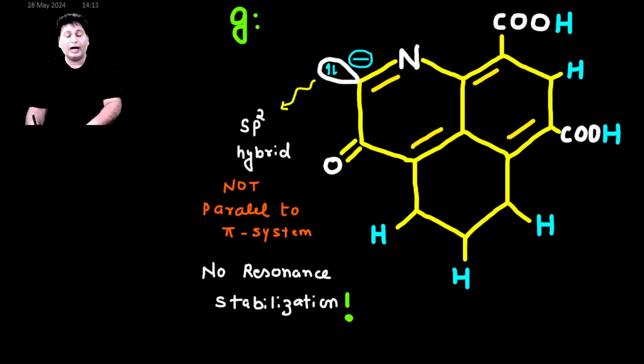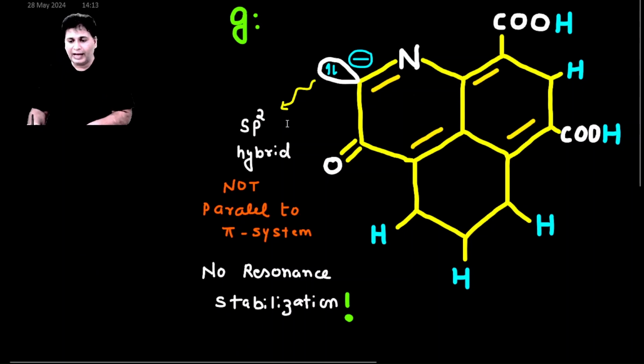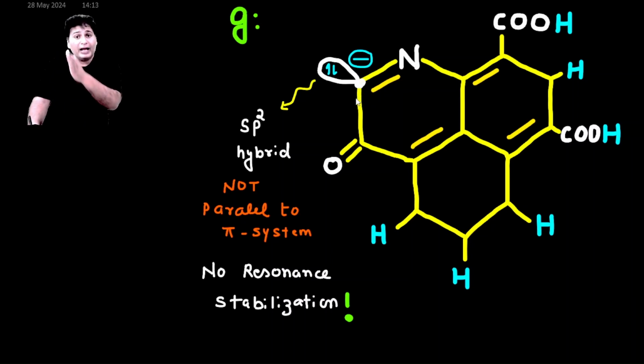coming on to our G, hydrogen. As you understand, this was the carbon from which the hydrogen was attached, and as it got removed, the minus charge comes on this carbon, and you should realize that this lone pair, 2 sigma bonds, this sigma bond, this sigma bond, and this is a lone pair, the hybridization becomes sp2.